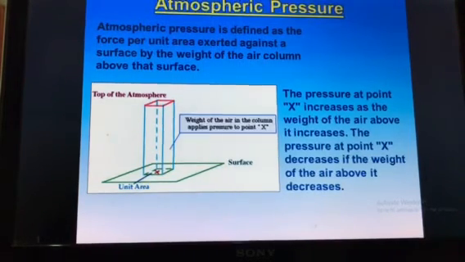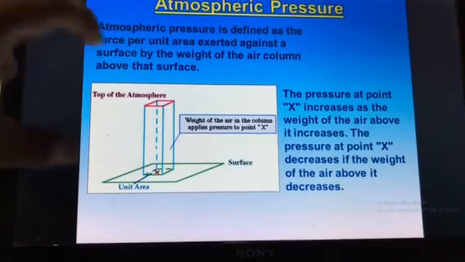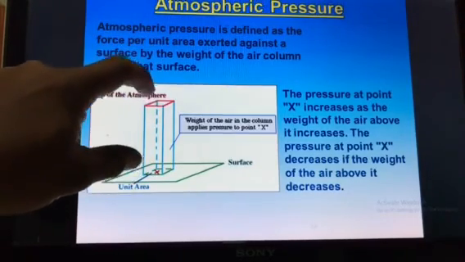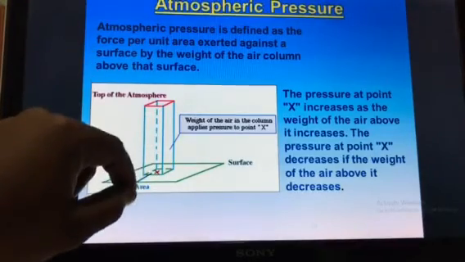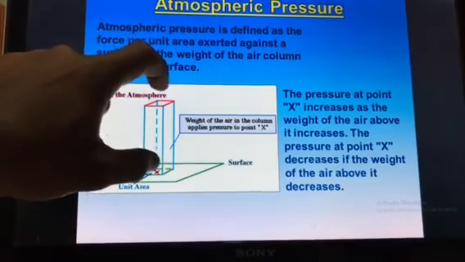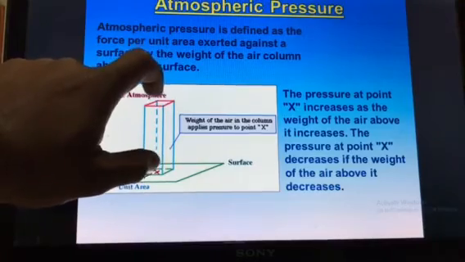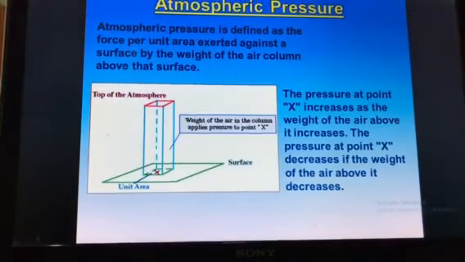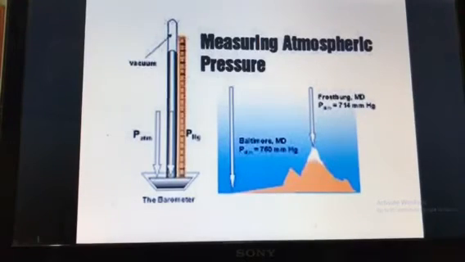A frequently used pressure unit is the standard atmosphere, which is defined as the pressure produced by a column of mercury 760 mm in height at 0 degree Celsius. So atmospheric pressure is defined as the force per unit area exerted against a surface by the weight of the air column. This weight of air column will exert pressure on this surface. So atmospheric pressure will be the force exerted by this weight of air column on this surface area. Okay, so measuring the atmospheric pressure.